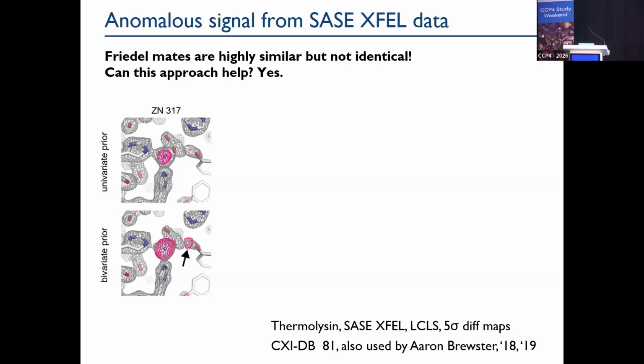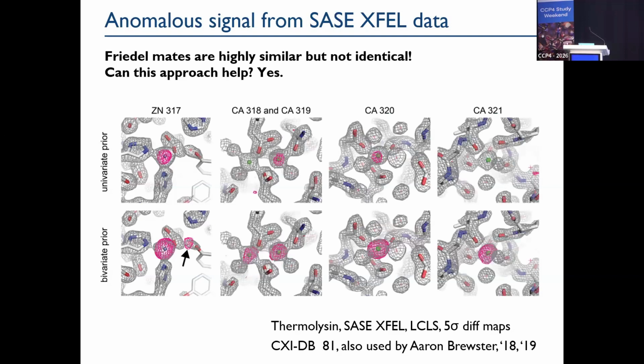And you detect it about twice as strong when you apply this expected correlation during scaling. And as a result, you can also detect the secondary zinc binding site that has been observed in a larger data set of the same protein. And here are some examples of calcium sites where we do a much better job detecting these calcium sites when we impose a prior expectation for the correlations between the Friedel weights than when we don't do that.